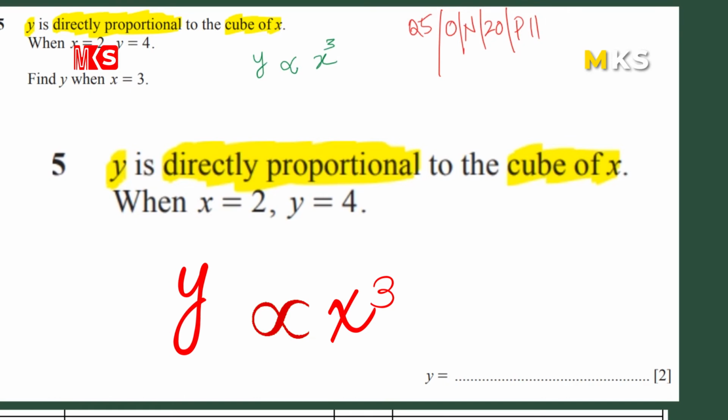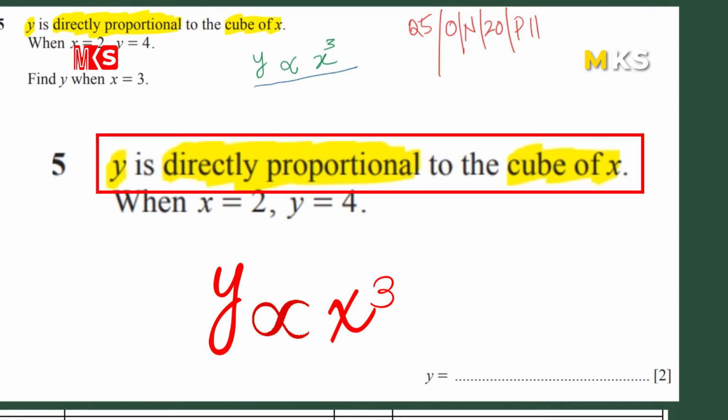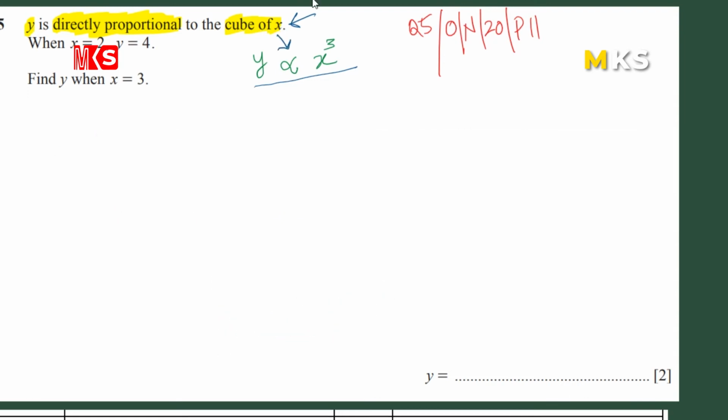First step is to build this relationship. So this is an algebraic statement, meaning we have converted the first sentence, which is the English statement of this variation, into a mathematical algebraic statement. Second step is to get rid of this proportionality sign, in other words, to replace this sign of proportionality by equality.